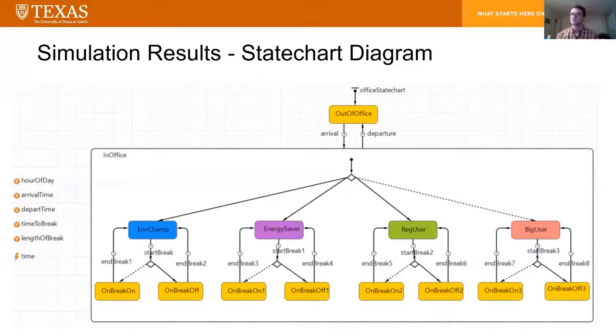And then finally, after the uniform distribution of 7.5 to 30 minutes for the break duration expires, these agents are transferred back into their energy use states. And finally, the in-office state agents are transferred back to the out-of-office state at the end of the day using the departure transition, as in problem 2.